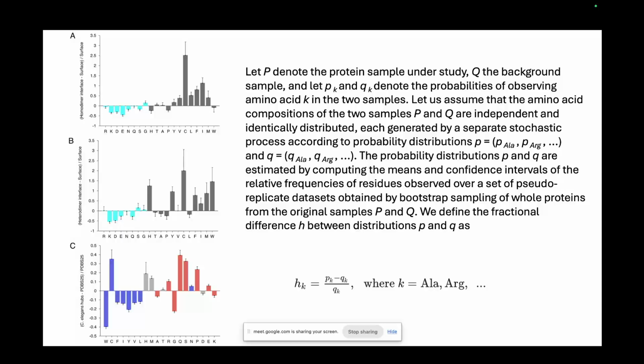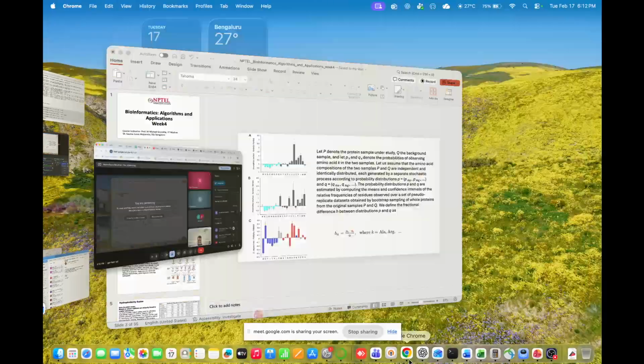Right. And if you consider PK and QK as the probabilities of observing amino acid K in these two samples, and you assume that the amino acid compositions of the two samples are independent and identically distributed, these are called IIDs, independent and identically distributed, generated by separate stochastic processes. You can assume these are like random processes that are happening.